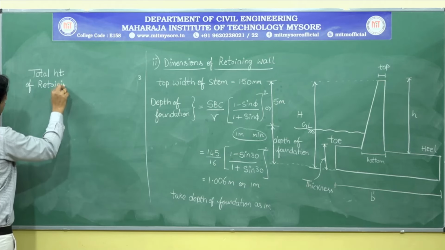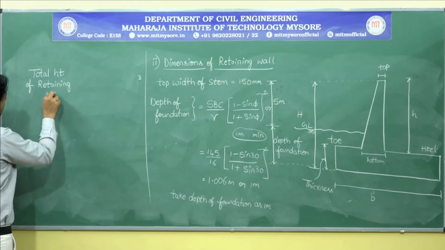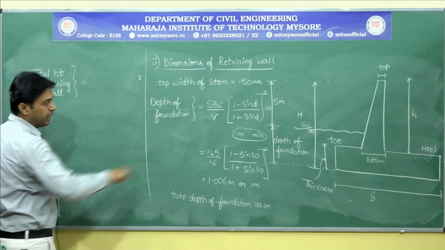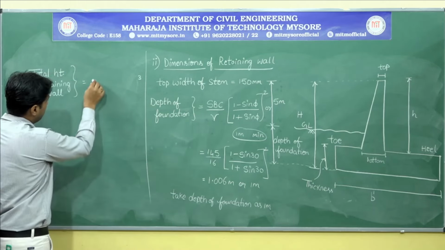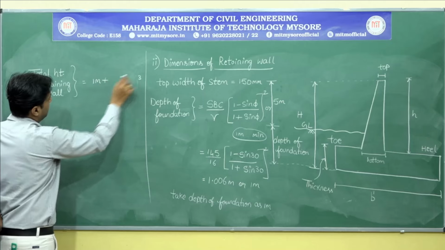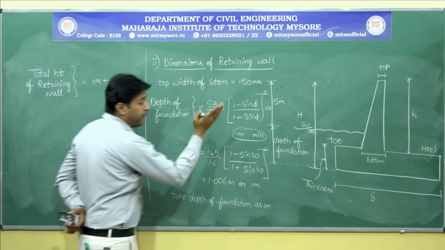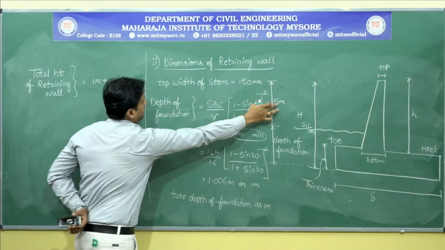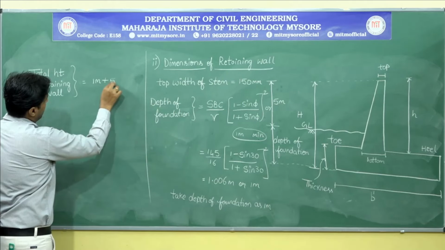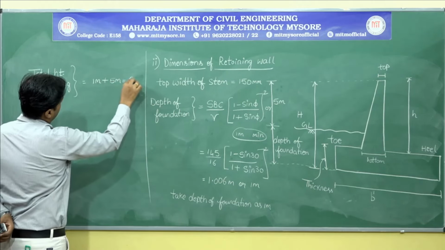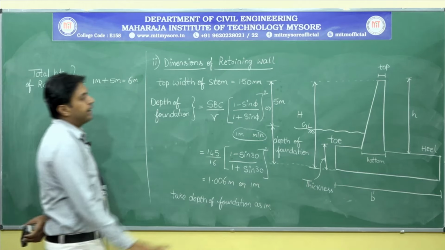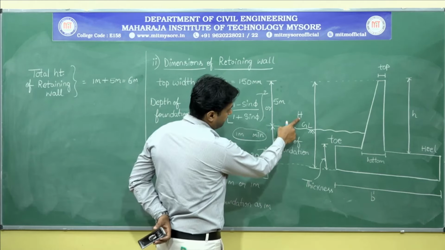Total height of retaining wall is nothing but the depth of the foundation, 1 meter, plus the soil that I want to retain above the ground level, that is 5 meter here. So it is 6 meter.